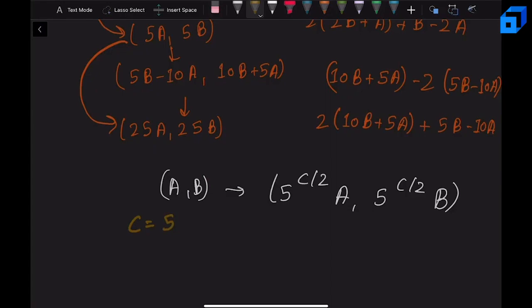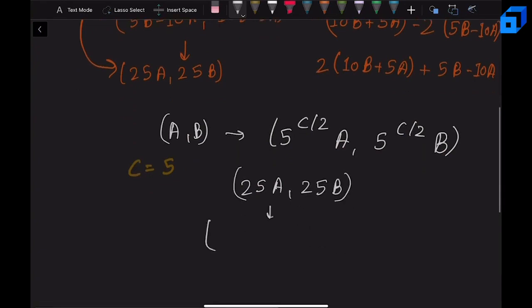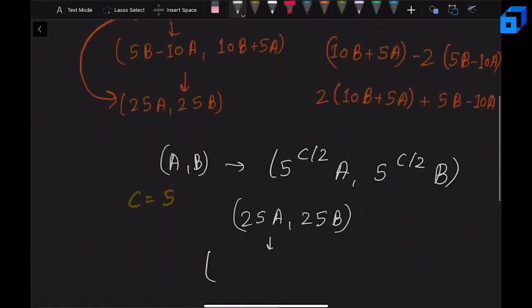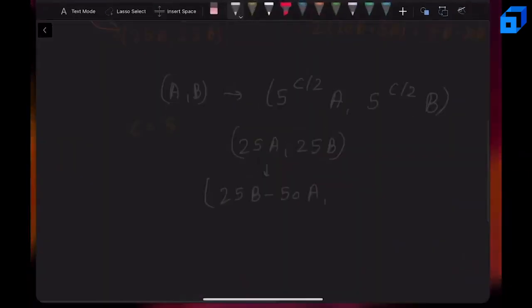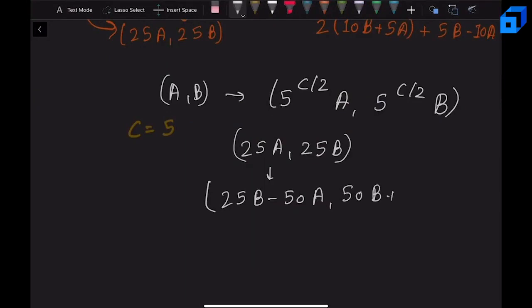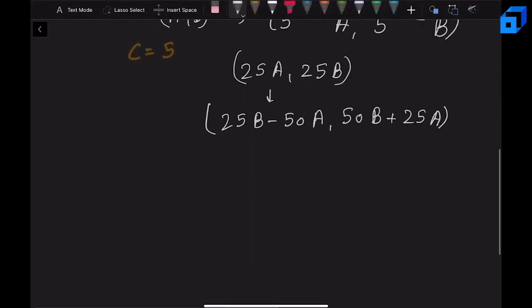So for 5 operations, we'll calculate the value at C minus 1, which is 4, and we know that the value there will be (25A, 25B). And now we'll simply do one operation to get the final value, which will be B minus 2A, where B is 25B and A is 25A, that is 25B minus 50A, and 2B plus A, which will be 50B plus 25A. So let's look at the code to understand it more clearly.